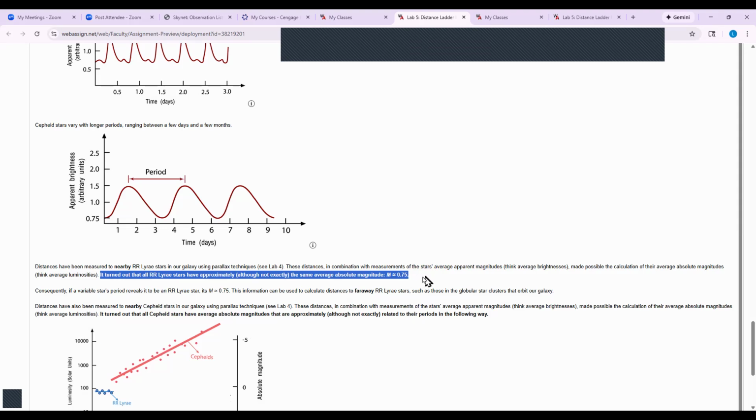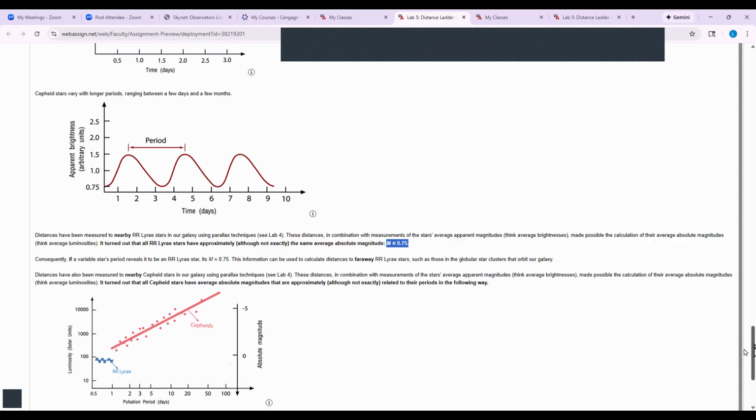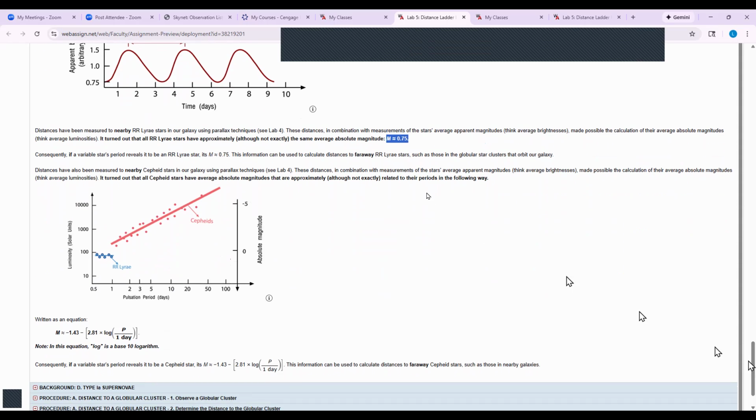We had some criteria and theories for that, but we know that for all the RR Lyrae we have studied in the sky, in our Milky Way, the absolute magnitude is about 0.75. And that's one of the key things that is important in our evaluation.